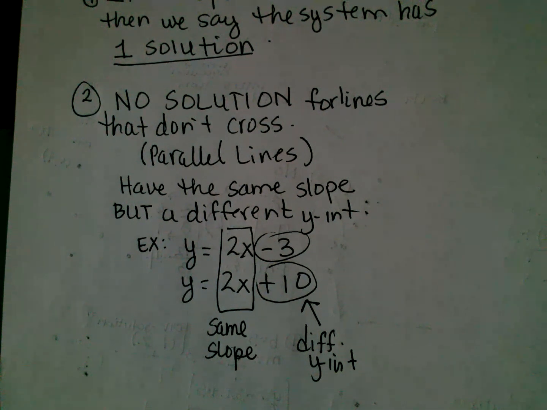And who remembers from the video, how do you end up with infinite solutions? Yeah, they ended up being the same exact line. They were just written differently, but they're the exact same thing. So they land right on top of each other. So they're going to cross everywhere. Okay?